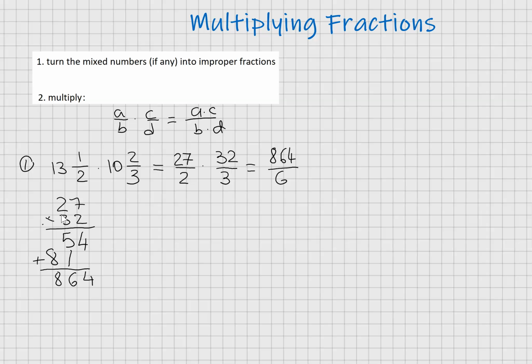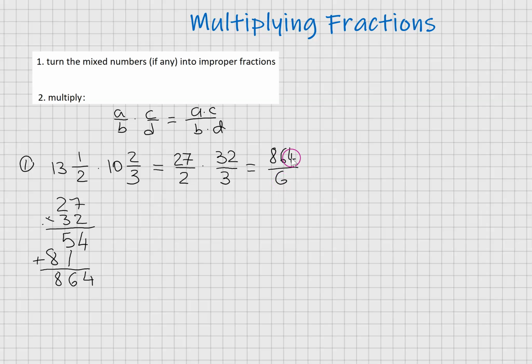As I previously stated, you cannot leave an answer in an improper fraction. Well, you can, but it's recommended you would simplify it first and then you turn it into a mixed number if possible. Okay, let's try to simplify. The easiest, you can look at 6, which is divisible by 2 and 3. I'm gonna divide both by 2.